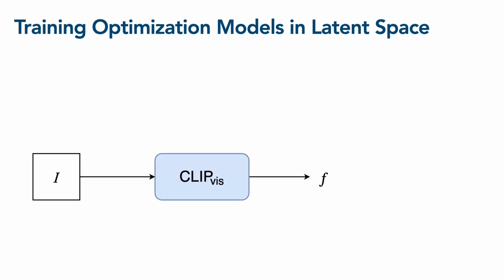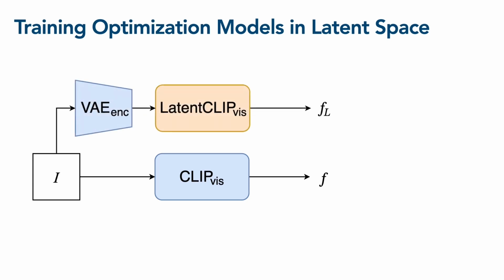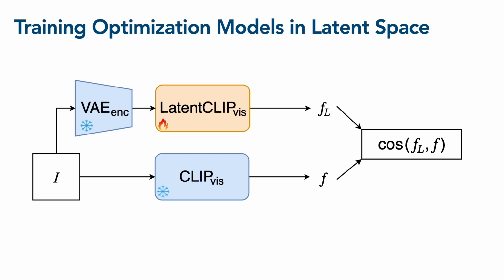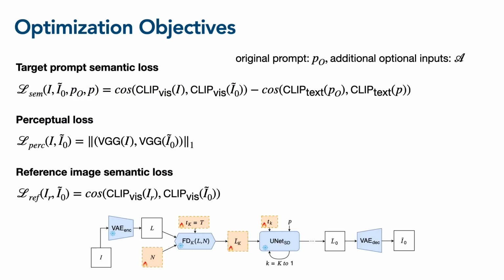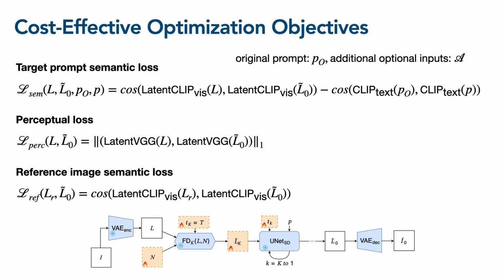To train the latent space equivalence of the CLIP vision model, which we call latent CLIP viz, we compute the cosine distance between the outputs of these models to update latent CLIP viz. The same applies to the latent space equivalence of the VGG model, latent VGG. After training, we can replace CLIP and VGG to optimize the output in the latent space.